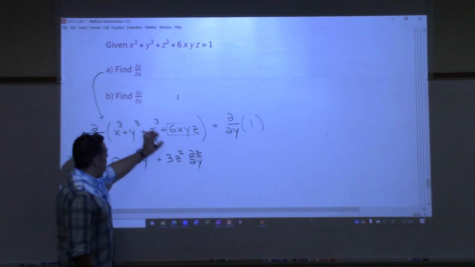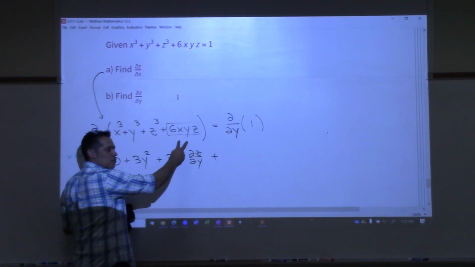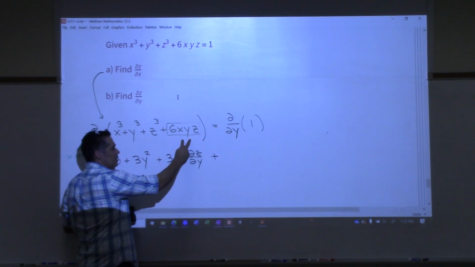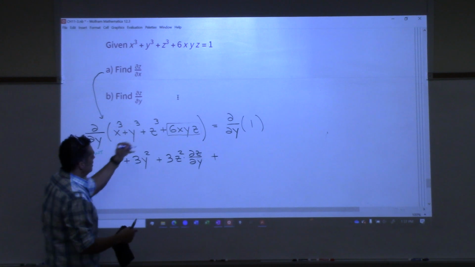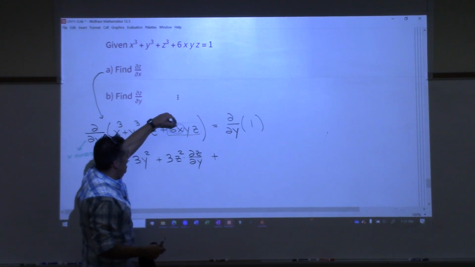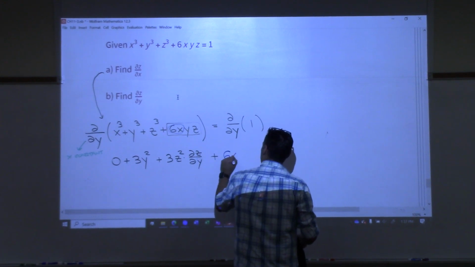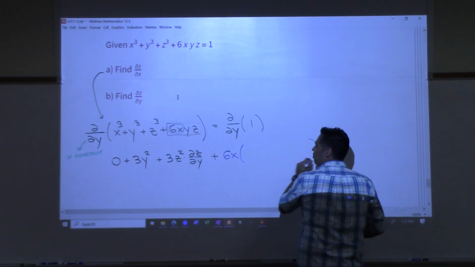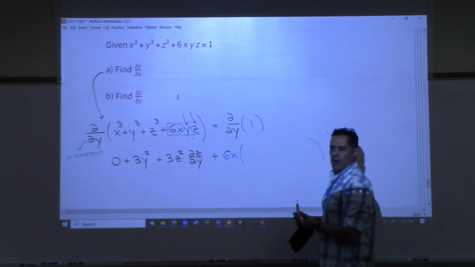All right, boom, boom, boom. Now, getting to the next piece. Again, product rule again, right? Product rule here. But this time, because x is a constant, the 6x, I can leave it like that out front, and then give myself some room for the product rule between the y and the z. There's my product.